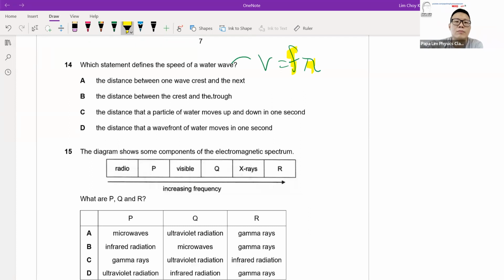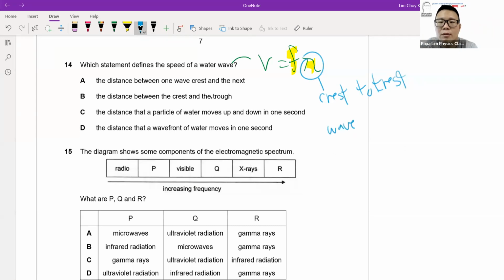So how do we classify wavelength? There are a few ways of writing it. It's what we call crest to crest, one perfect wavelength. Or sometimes we call this wavefront to wavefront. Crest, you can actually label it as wavefront to wavefront.